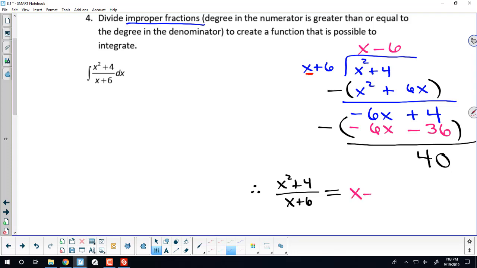And with our remainder, what do we do? Plus 40 over x plus 6. Yeah. Remainder over divisor. So that's our proper version of that function.